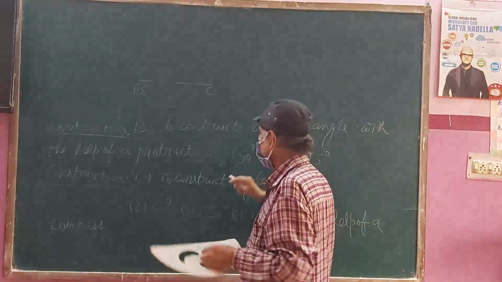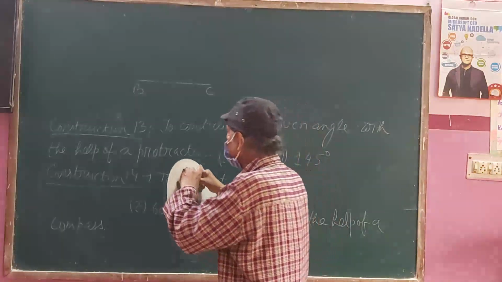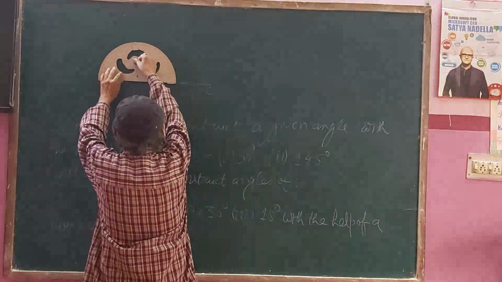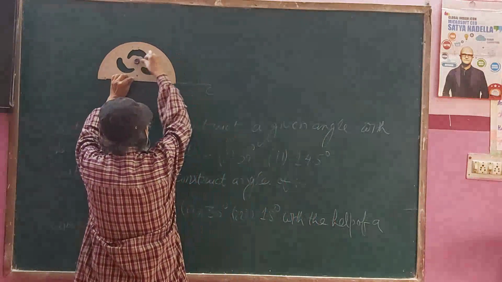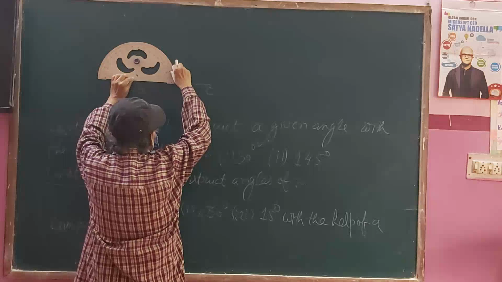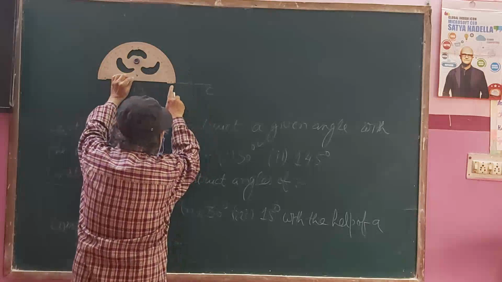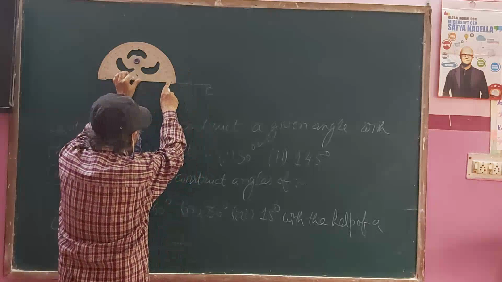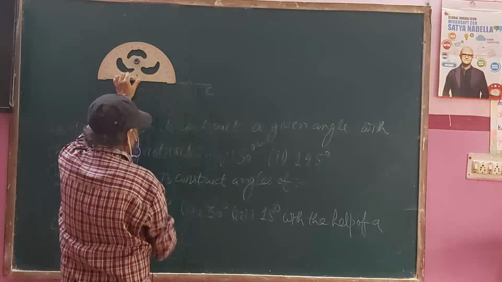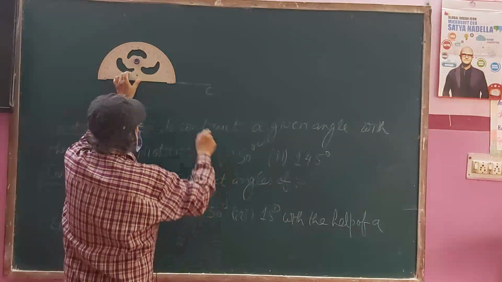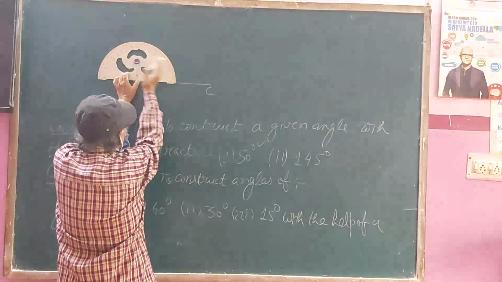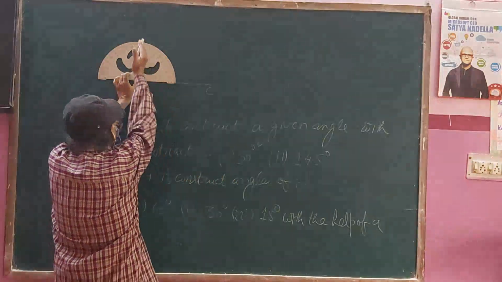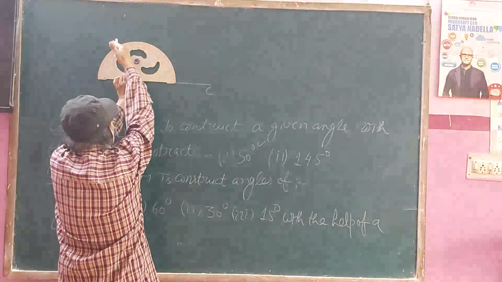Now I am making this angle at B. This is 50 degrees. So keep the arrow mark just above B. Then align your line with 180 or 0. On the upper scale it is 180, on the lower scale it is 0. Now it is 50 degrees. This way is the acute direction, this is 90, and this other direction is the obtuse direction.